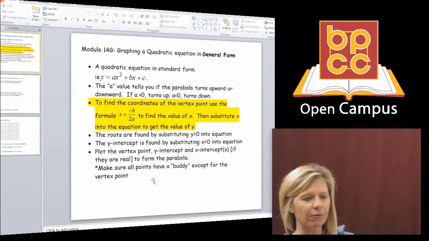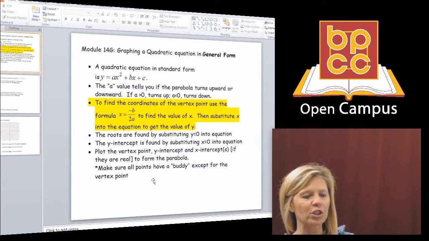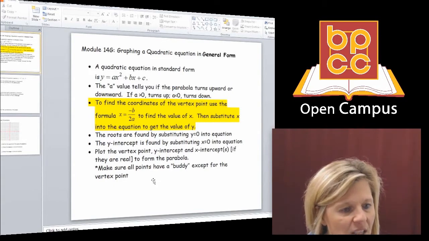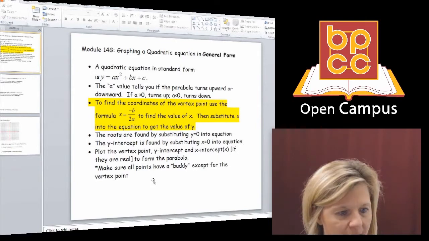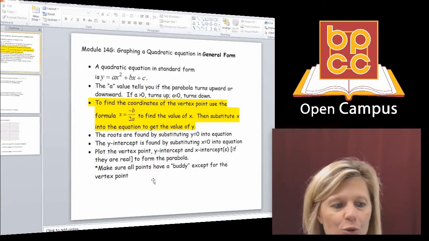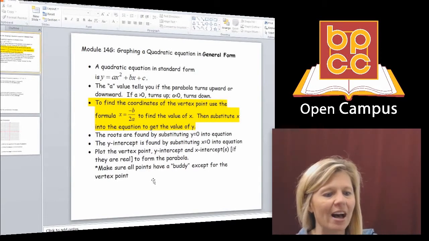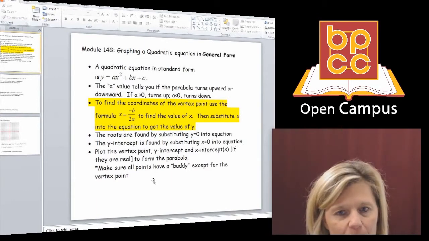A is always going to be in front of x squared, and you will know if it turns up or down, just like we did previously. If a is positive, it will turn up. If a is negative, the parabola will turn down. What's different in general form is you do not see parentheses, so you do not see an h and k value. You do not have the vertex point by looking at this.